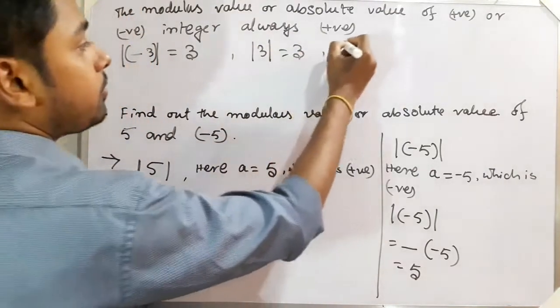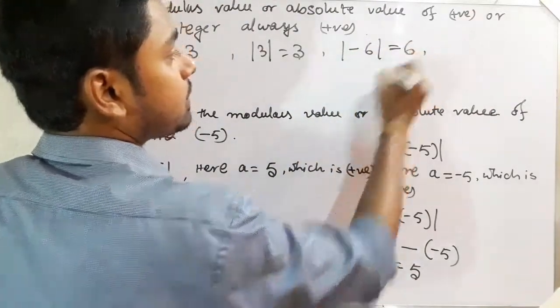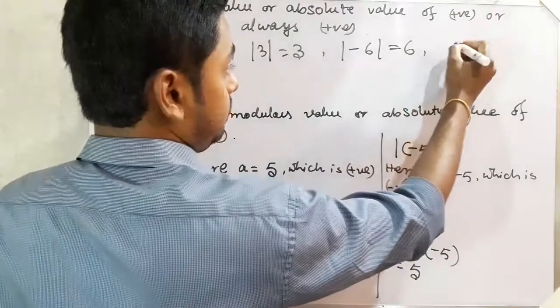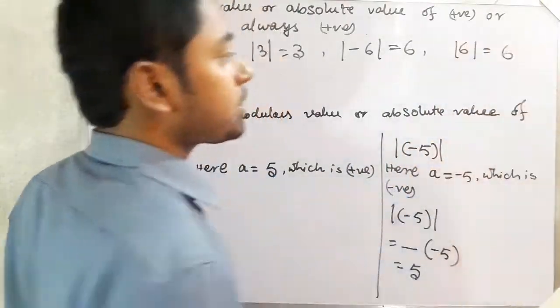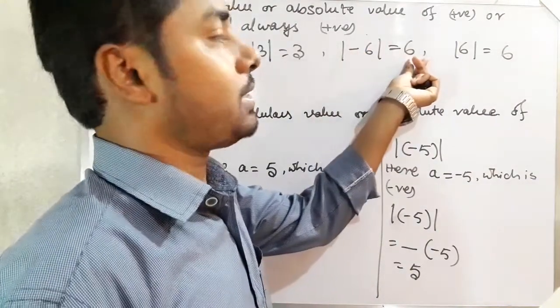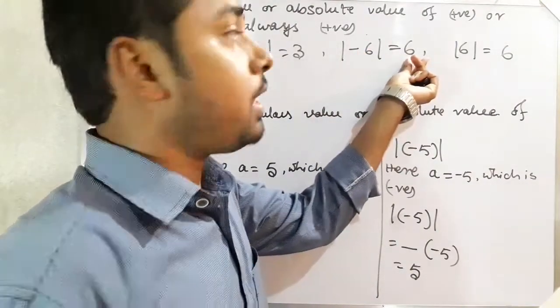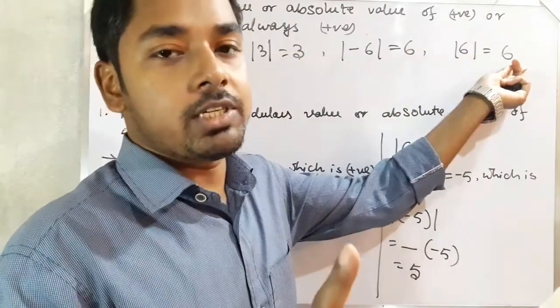Okay, mod of minus 6 is equals to, directly we can write 6, mod of 6 only, it's also 6. Whenever it is minus sign, then after modulus it will be plus, and whenever it is plus, then plus is plus, it will not change.